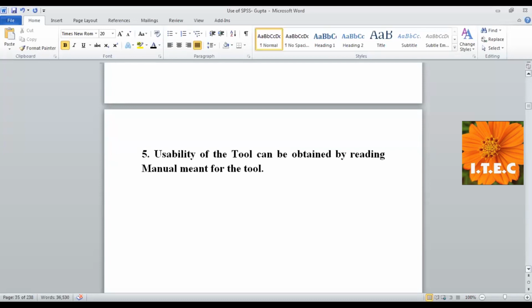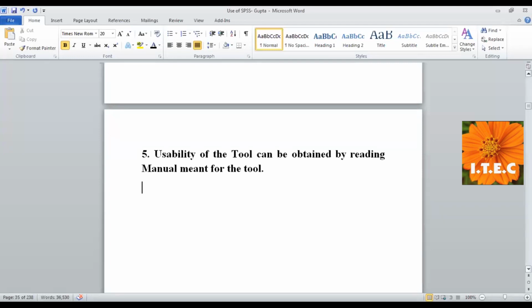But in science, when there is an instrument, then you will have the 5 characteristics: validity, reliability, then objectivity, then sensitivity, and then usability. So these are the characteristics.